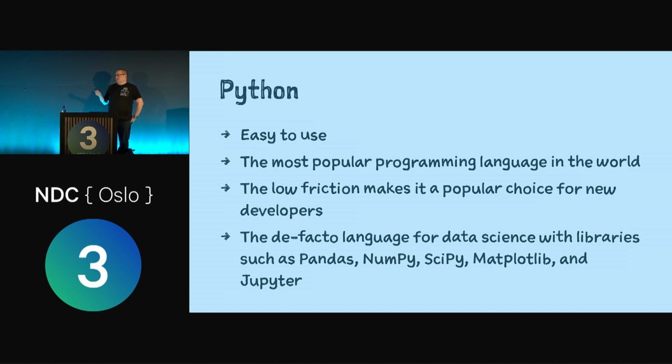At a .NET conference, we would say that, oh, you can do all of this stuff in ML.NET, but the reality is that all the cool stuff happens in Python. And if you go to a data science conference, you probably have to show all your stuff in Python, or no one will know what you're doing.